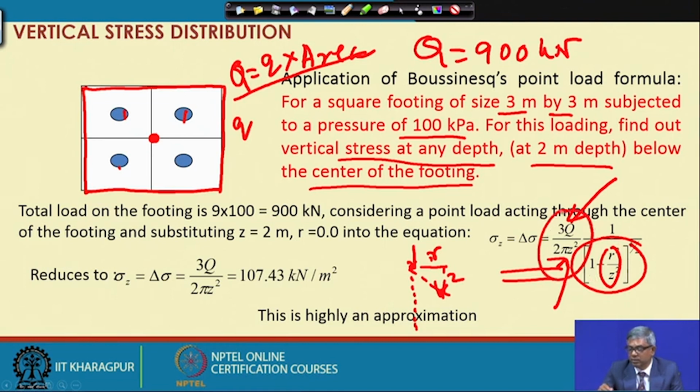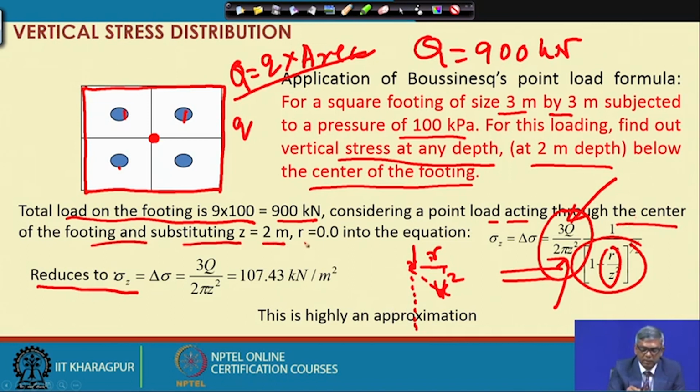So the ultimate equation left is 3Q by 2 pi z square. The total load on the footing is 900 kilonewton, considering a point load acting on the center of the footing, and substituting z equal to 2 meter, r equal to 0. What is the logic for r equal to 0? I am considering load is acting here, and simultaneously I am considering the stress also below that point.